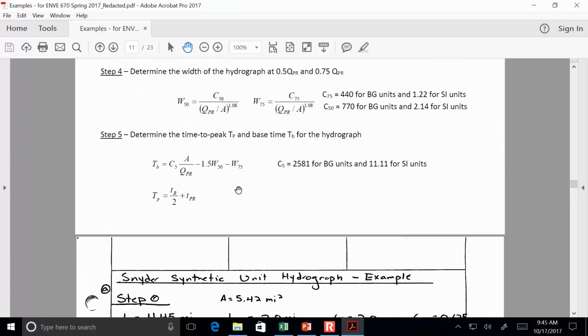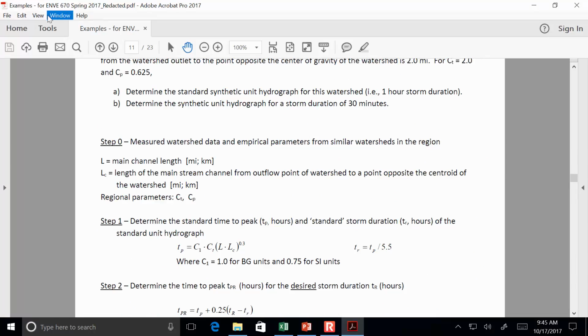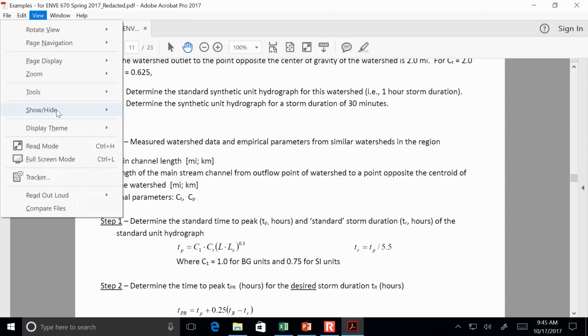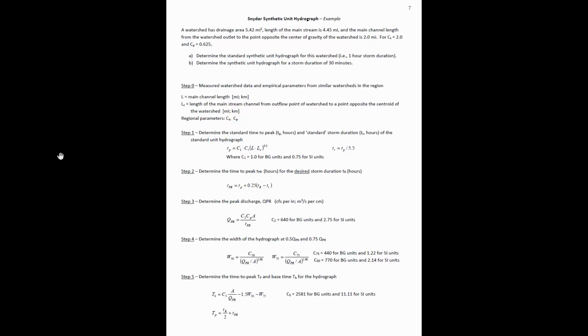So here was the handout that I had provided. Let's see if we can do a full screen view of that. All right. Now, I specify in the handout what the units are supposed to be for everything, and I didn't bring it with me, but there is a proof for why it's supposed to be 640 for the BG units.